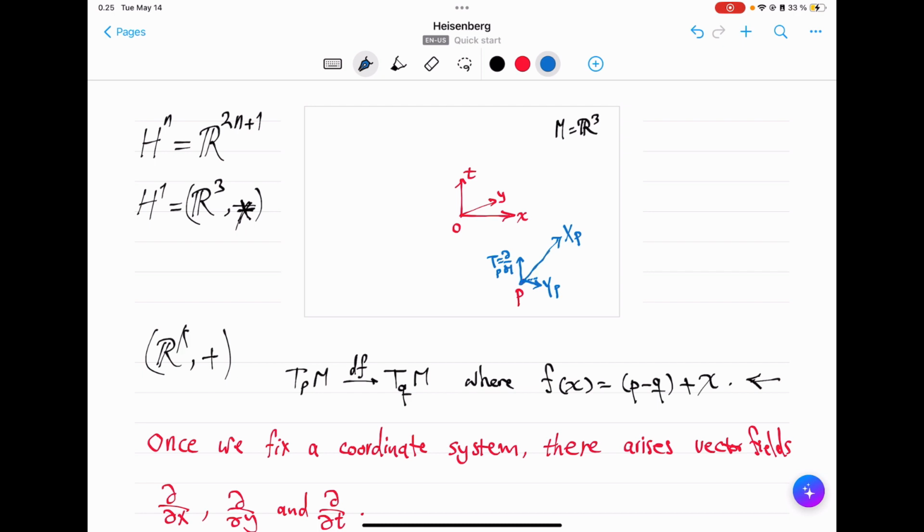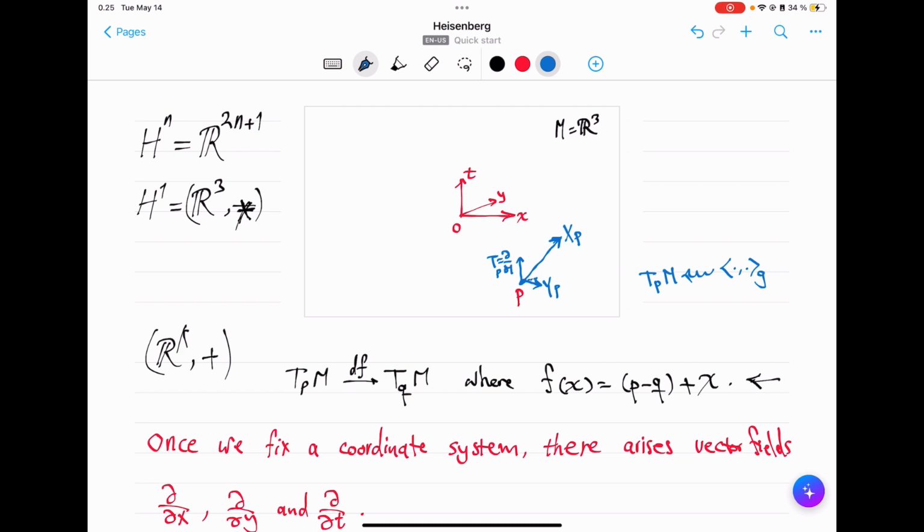So these vector fields change this way, and at every point they span the tangent space at P. So a way to define an inner product on TPM is to just declare these vectors to be orthonormal.